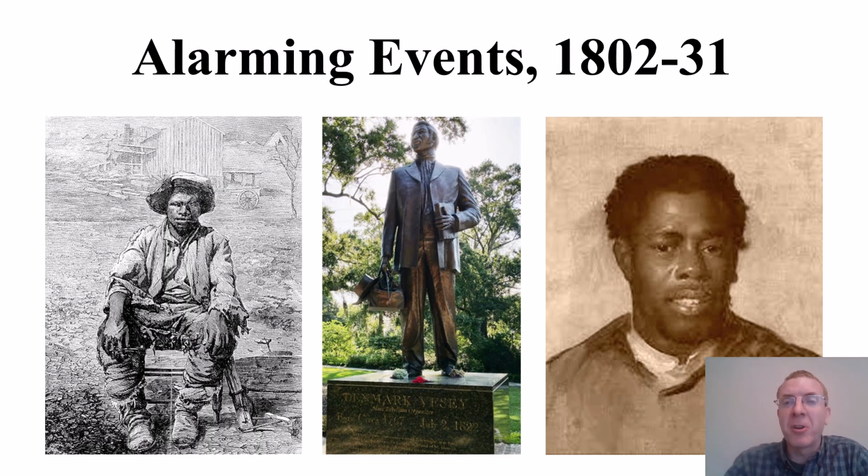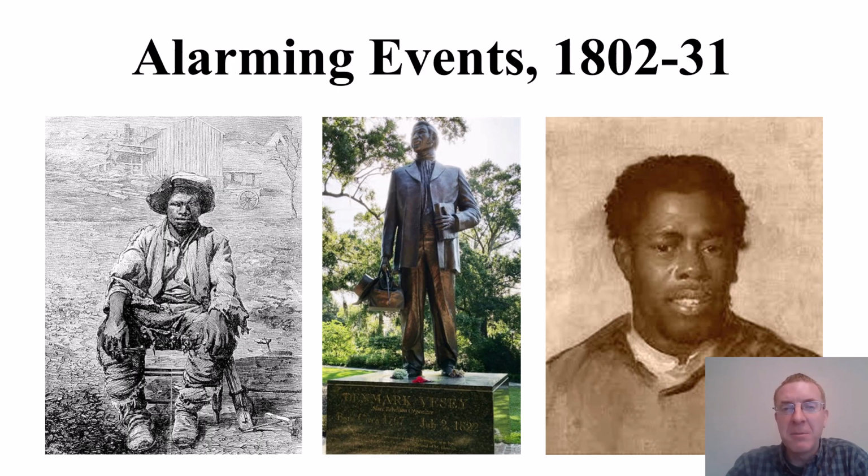Gabriel Prosser started planning this rebellion in 1800. It is discovered in 1802, and that's why it didn't succeed. Gabriel Prosser spent too much time preparing this insurrection. He spent too much time putting together too many meetings, involving too many people.